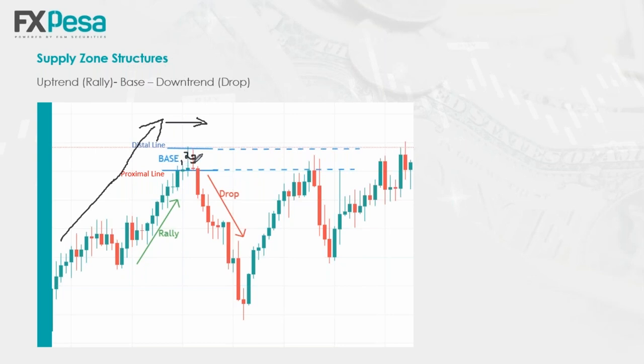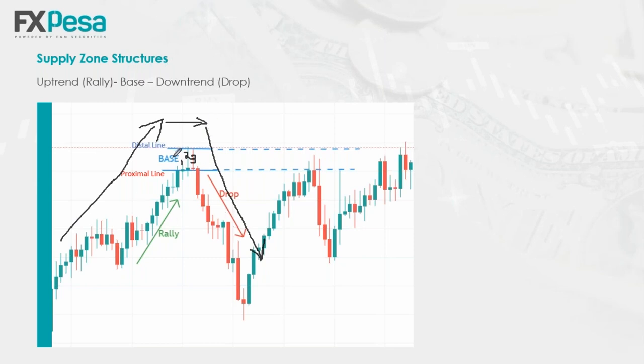These three candlesticks, candlestick 1, candlestick 2, and candlestick 3, are what we are referring to as basing candlesticks. After that formation of basing candlesticks, we have a drop. So this structure is referred to as a rally base drop.